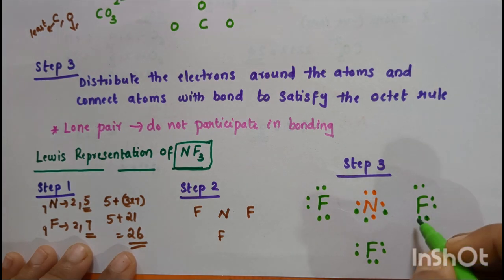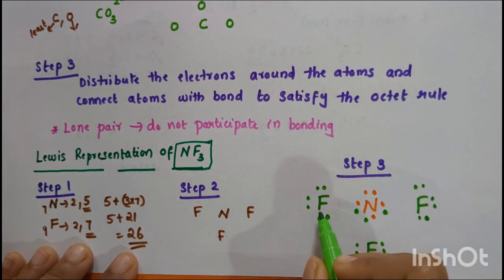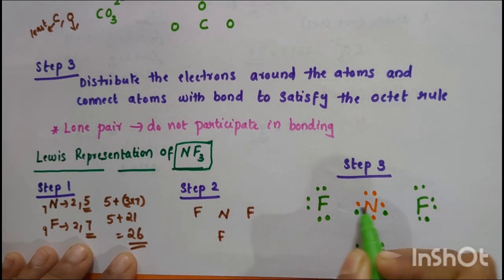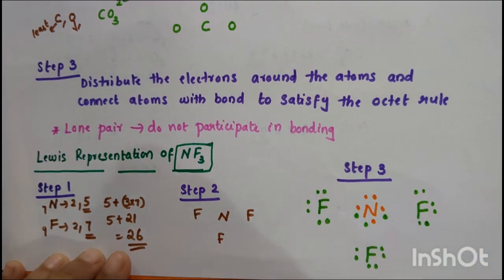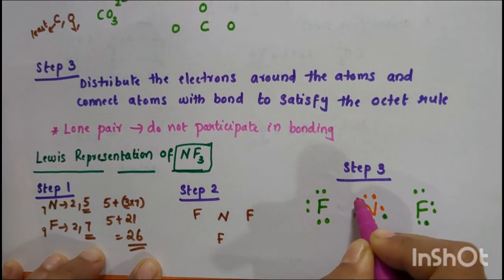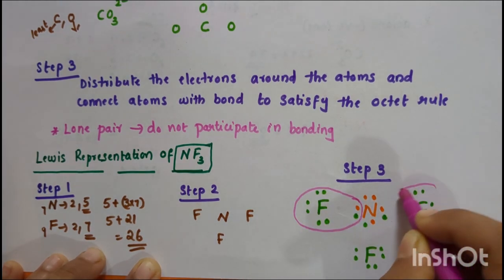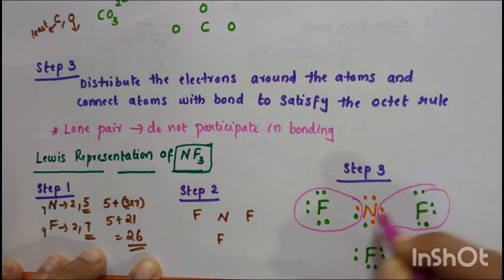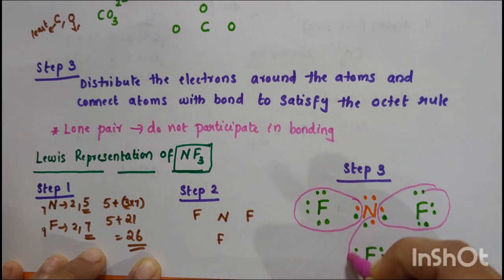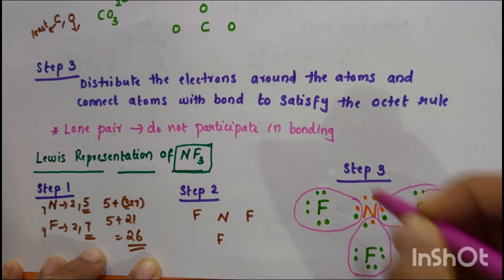Sharing of electrons takes place here. Each fluorine will share its 1 electron with nitrogen, and nitrogen will share 1 electron with each fluorine.